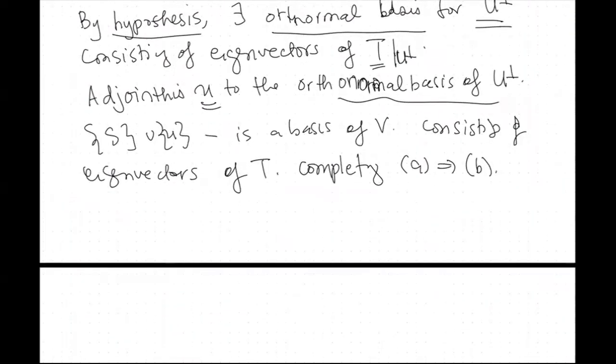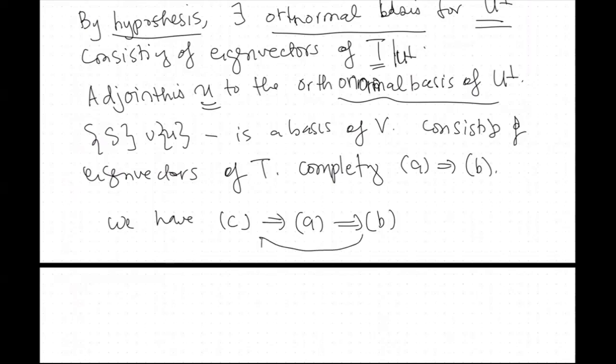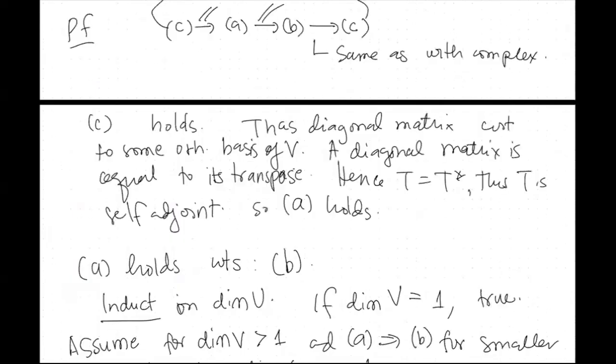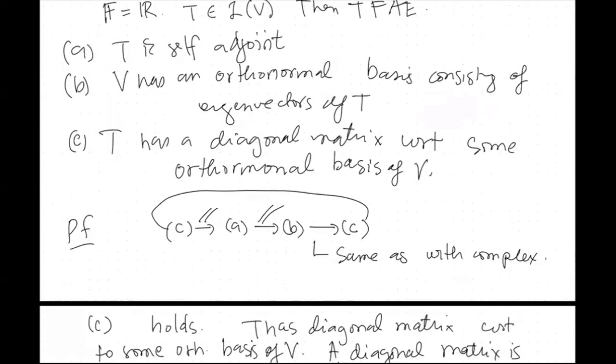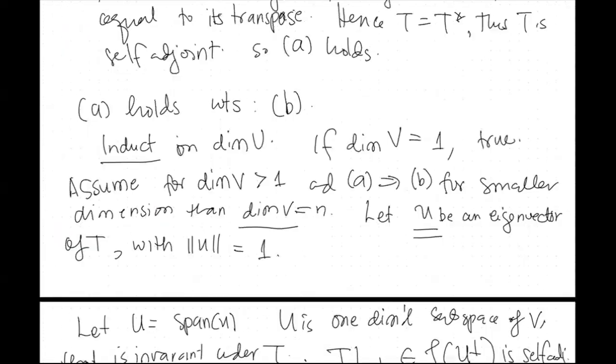So we already have C. We have proved C implies A, and A implies B, and then B implies C is easy, as we have remarked, recalling our theorem on the equivalence of diagonalizability and existence of an orthonormal basis consisting of eigenvectors.